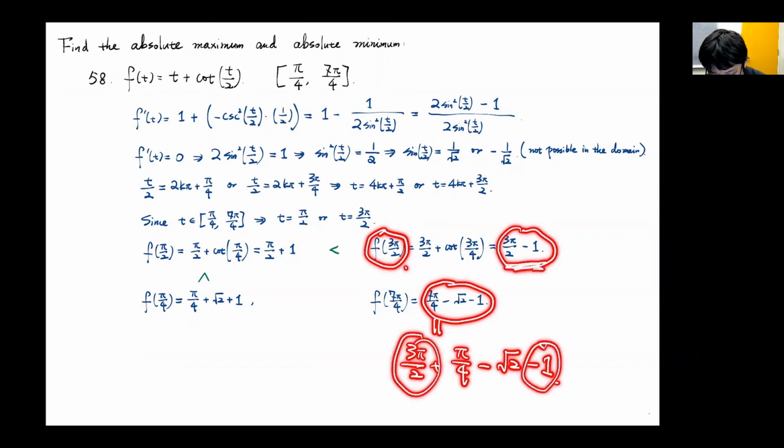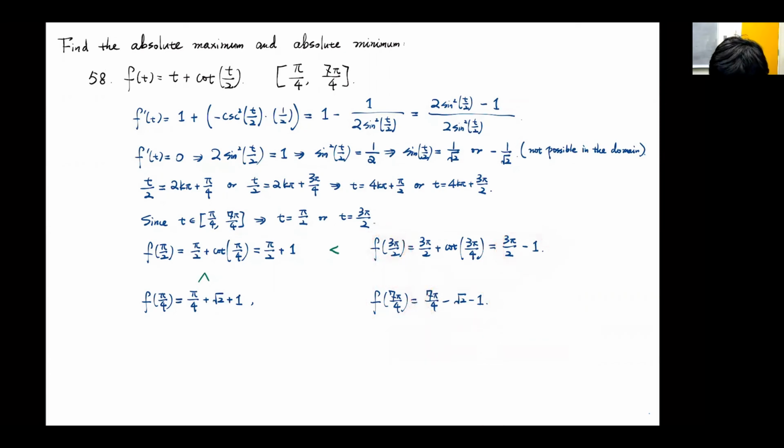So in order to determine whether or not f of 7 pi over 4 is larger, all we need to determine is whether this guy is positive or negative. But we have already seen that pi over 4 is less than 1, which is less than root 2. So this guy is less than 0. So what does that tell me? That tells me f of 7 pi over 4, being the sum of f of 3 pi over 2 and a negative number, will definitely be a smaller number. So I know that it is going to be like this.